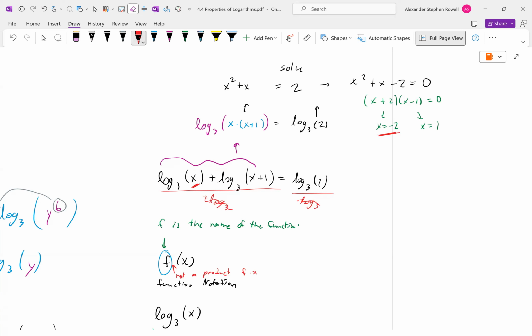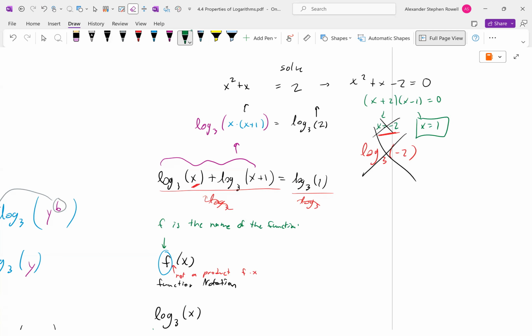What's log base 3 of -2? You should know that at the top of your head. It's undefined. You cannot plug negatives into logarithms. Extraneous solution.